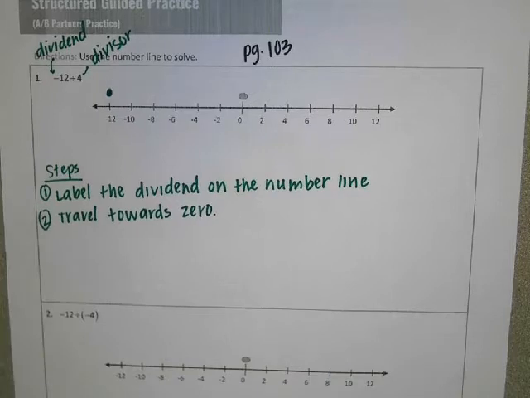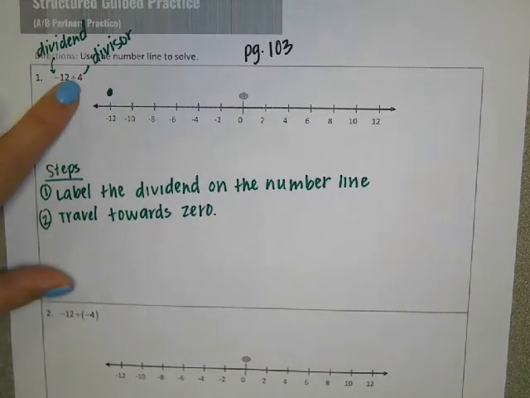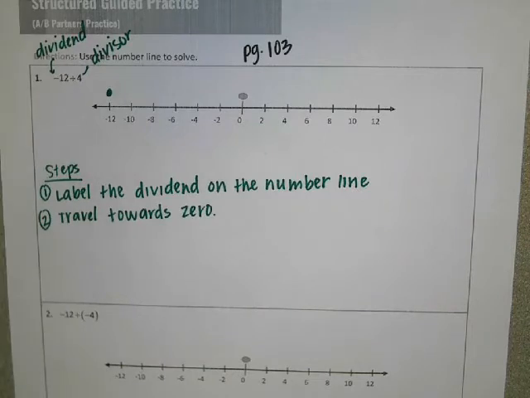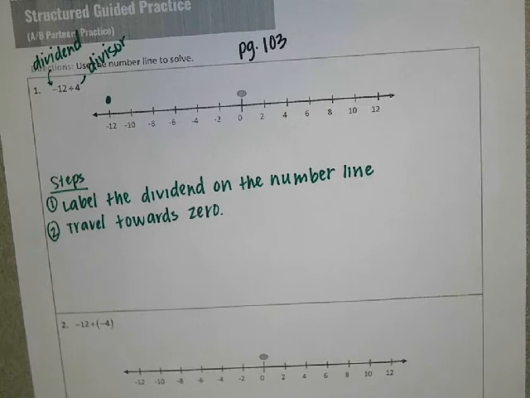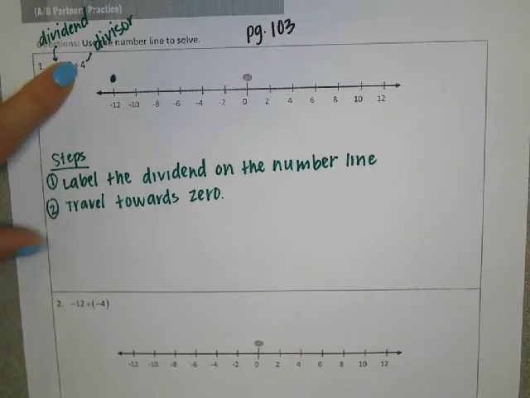Okay, so we're going to be traveling 4. Now this 4 is positive, so that's going to come in handy at the end when we are looking at our answer. So 4, right?